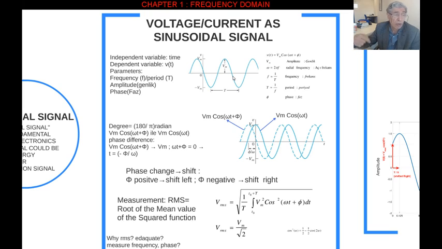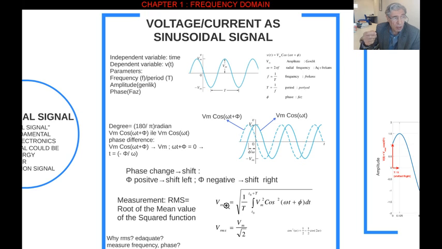To find the average of the original function, you've got to take the square root of it. So all these operations give me a value. That value is called the RMS value. RMS comes from the root of the mean value of the squared function.